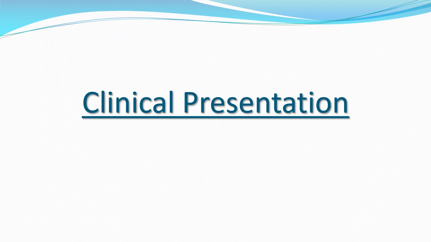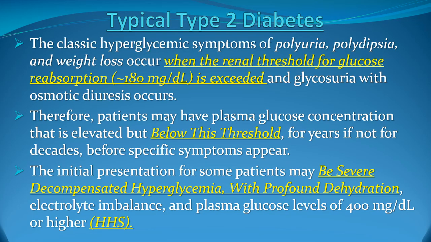Now, what is the clinical presentation of type 2 diabetes? First, we recall a basic fact of physiology, which is the renal threshold. The renal threshold for absorption of glucose is about 180 milligrams per deciliter.